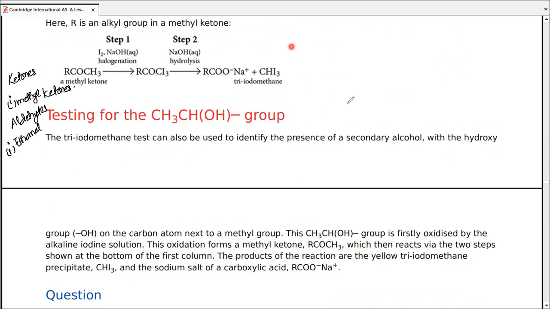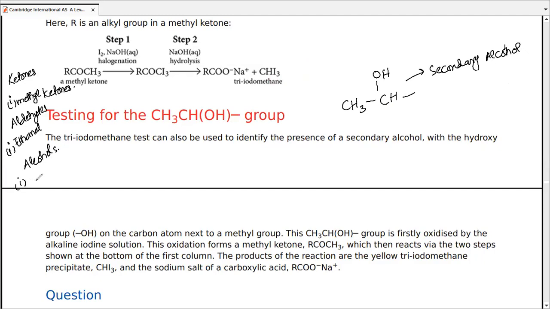So this is the reaction, but again, this can also be used for the testing of the CH3CHOH group. Now, this is something very important. If I write it like this, CH3CHOH, and any part of the chain over here, I hope you understand this is a secondary alcohol. So what we're going to do is that among the alcohols, the first ones are secondary alcohols, which specifically have this CH3CHOH formulation.